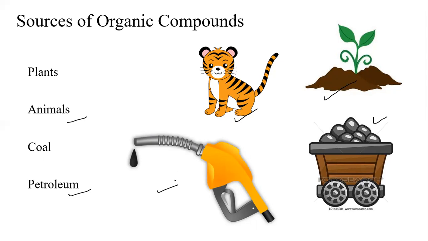So from these different sources we can get organic compounds. Plants and animals provide some organic compounds, and at the same time mineral sources like coal and petroleum also give organic compounds. These are the major sources of organic compounds.